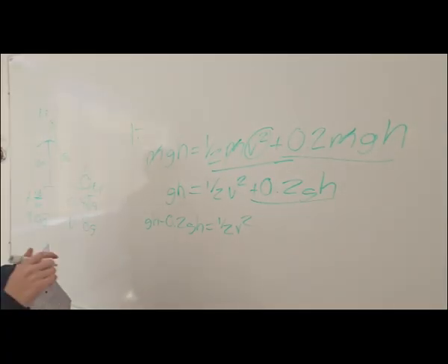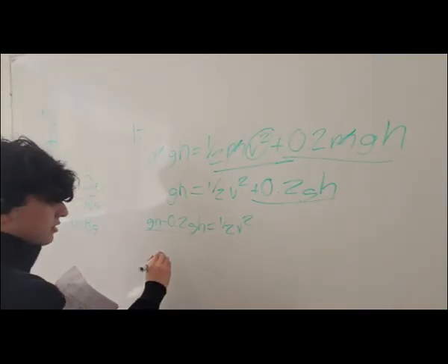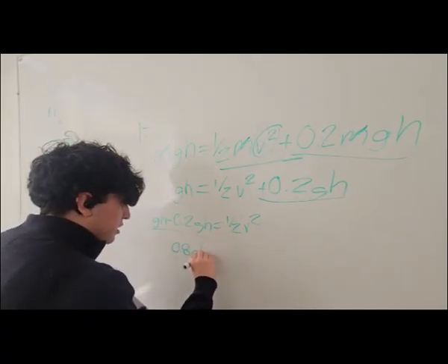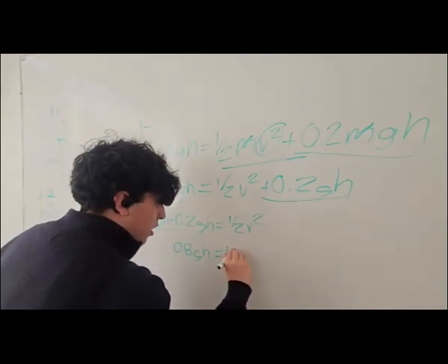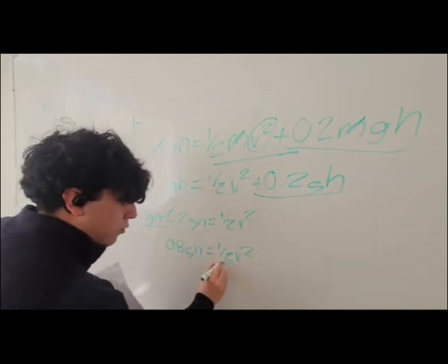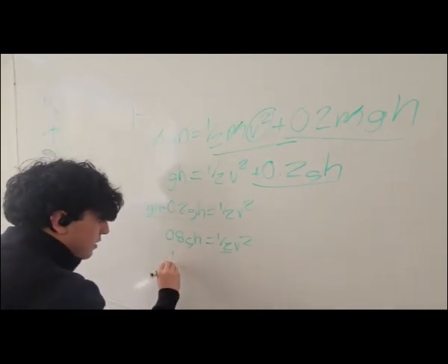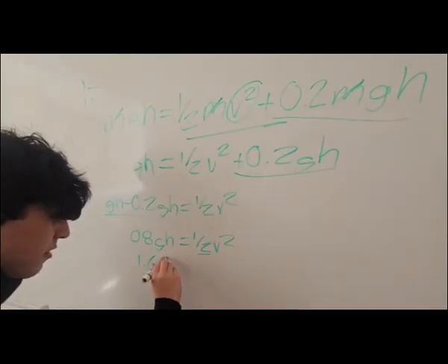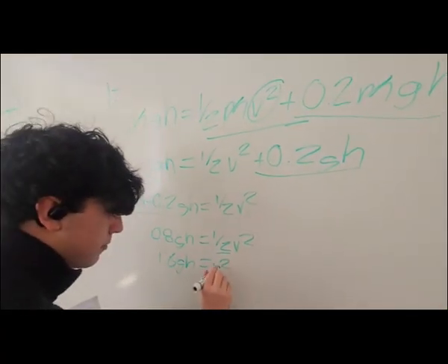Okay? So this can be subtracted and it's going to be 0.8 gh is equal to 1/2 v squared. We pass this multiplying, so it's 1.6 gh is equal to v squared.